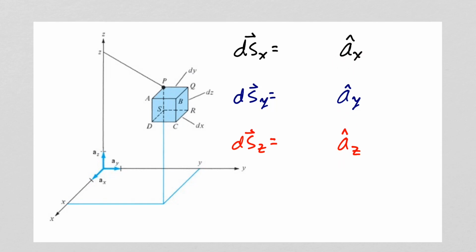Here is our unit vector in the x direction, and the differential surface it is perpendicular to is this one of area dy dz. So here is our differential surface dS sub x. Here is our unit vector in the y direction, so this is the differential surface perpendicular to it, and it is of area dx times dz.